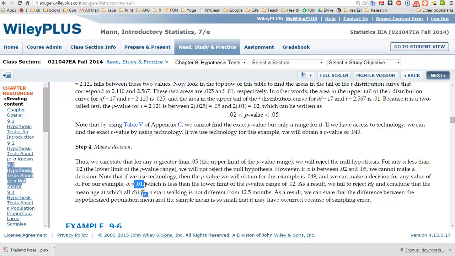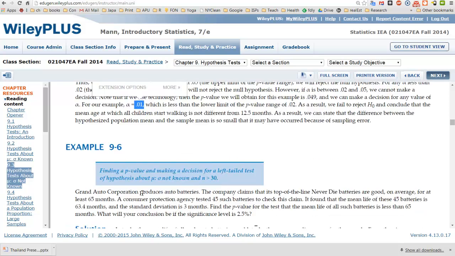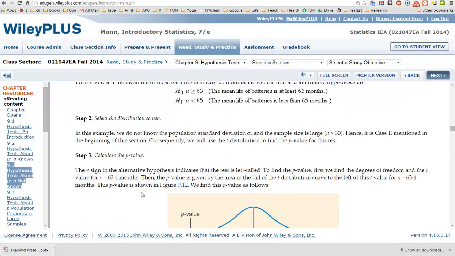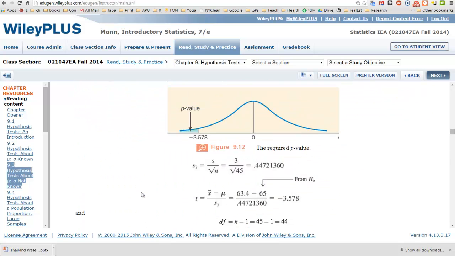If you're doing a 1% test or 1% error level, then the p-value has to be less than this in order to reject. Okay, so we'll go through some examples here to see how this works. But basically, when the p-value is small, we're more likely to reject the null hypothesis. So you need to remember that rule at least.